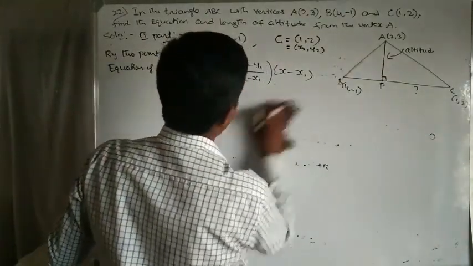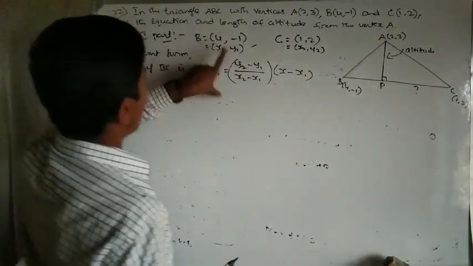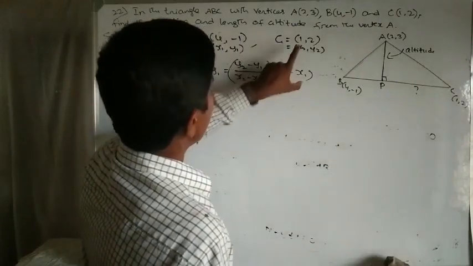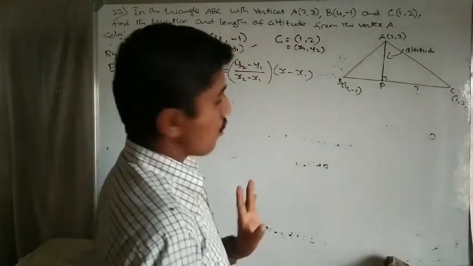Substitute the values: x1 is equal to 4, y1 is equal to minus 1, x2 is equal to 1, y2 is equal to 2.